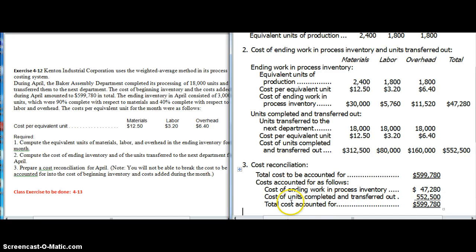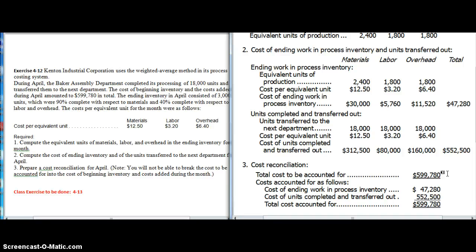Then you will write down the cost of the completed units transferred out, which you found in the second step, $552,500. You will add both $47,280 and $552,500, and the total cost accounted for will be $599,780, which is equal to the cost provided to you. That is how a cost reconciliation is done.